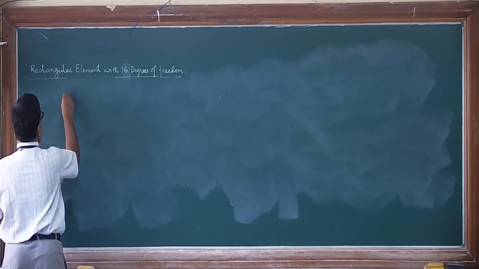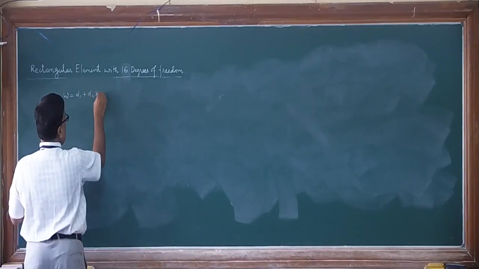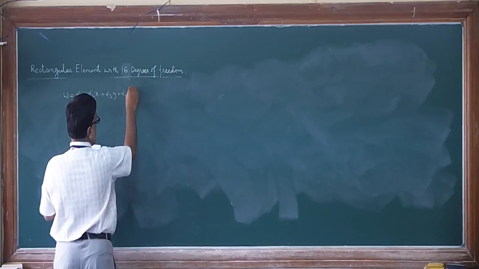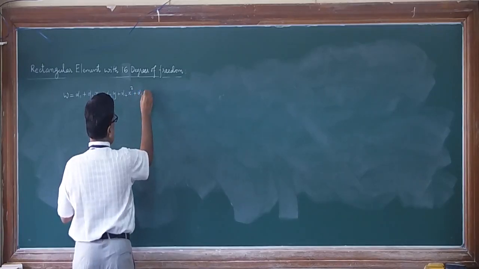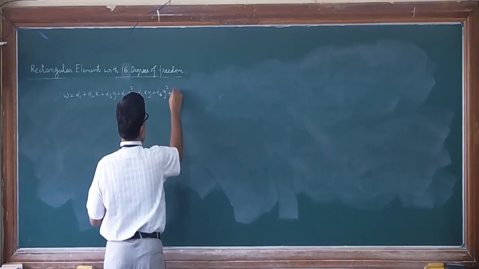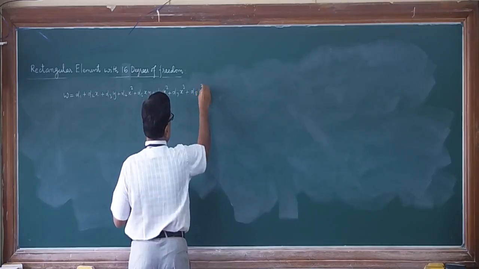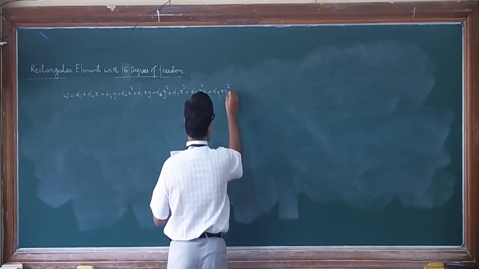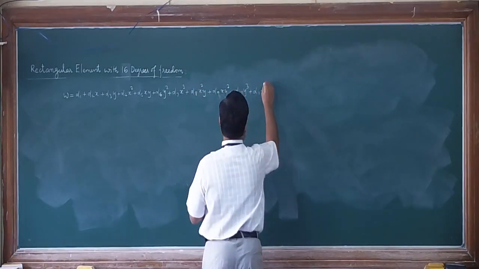W will now become alpha 1, that is always constant for geometric isotropy, alpha 2 x, alpha 3 y plus alpha 4 x square plus alpha 5 xy, alpha 6 y square, alpha 7 x cube, alpha 8 x square y, alpha 9 x y square, alpha 10 y cube, alpha 11 x cube.